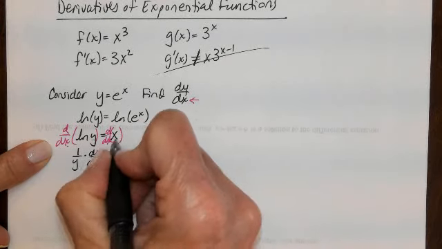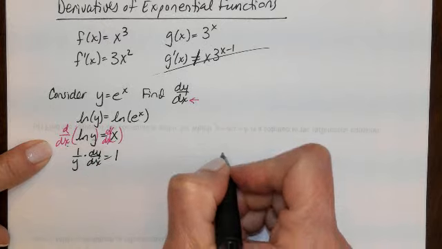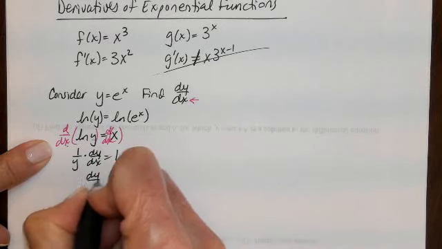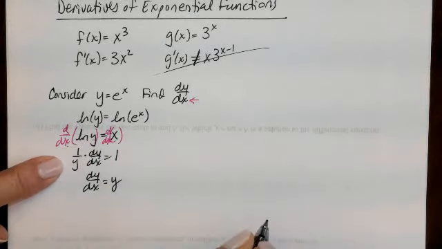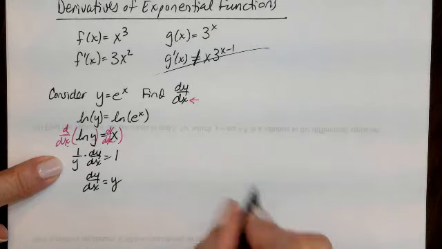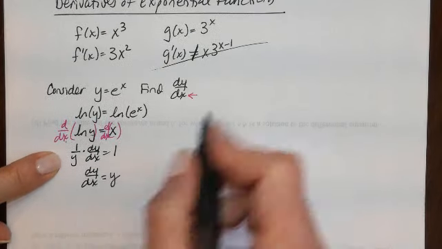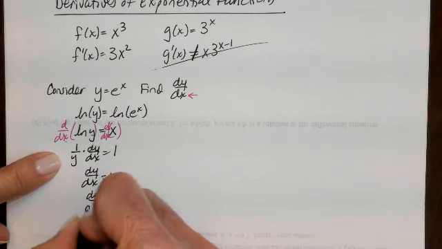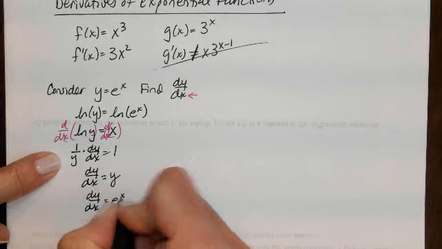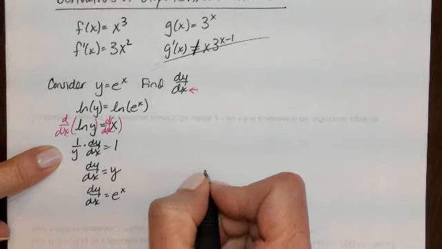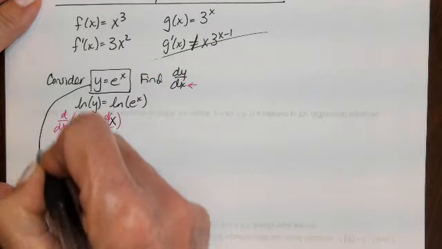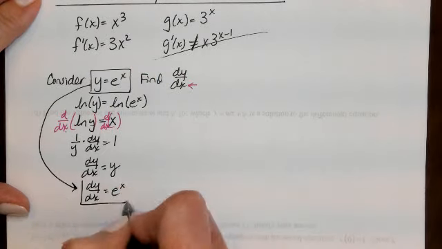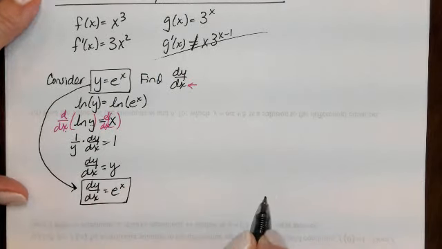The derivative of x with respect to x is 1. So dy/dx, if I multiply both sides by y, is equal to y. Well, what was y? y is e to the x. So dy/dx is e to the x. So if y is e to the x, dy/dx is also e to the x.